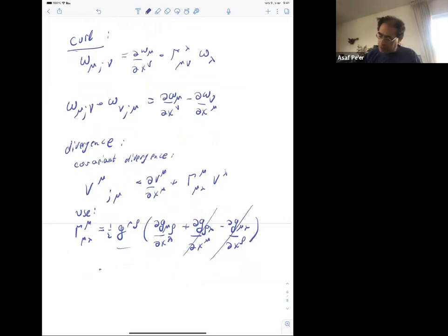So we're left with 1/2 g mu rho d g rho mu over dx lambda.